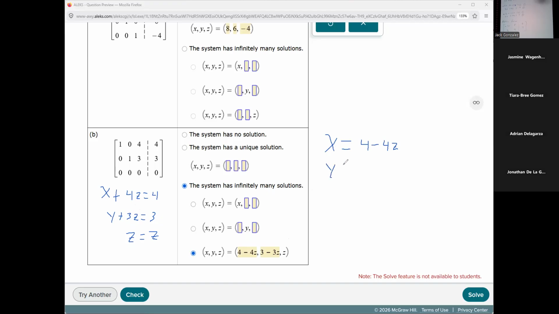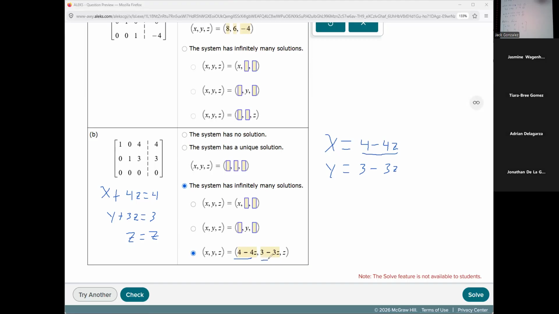Y equals 3 minus 3z. And that's where the x coordinate comes from here.